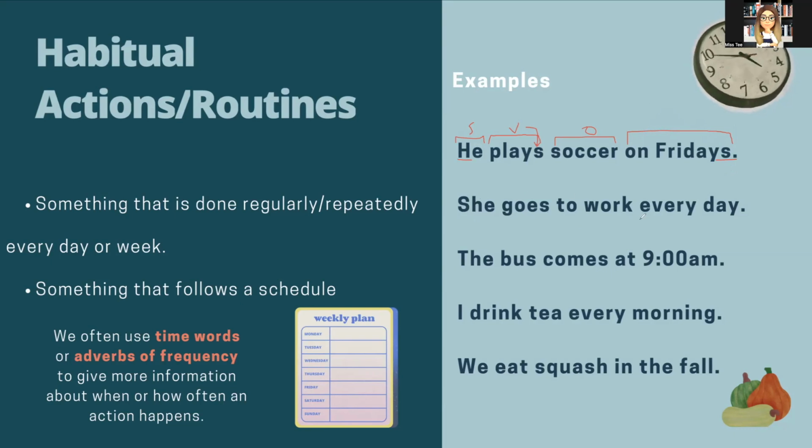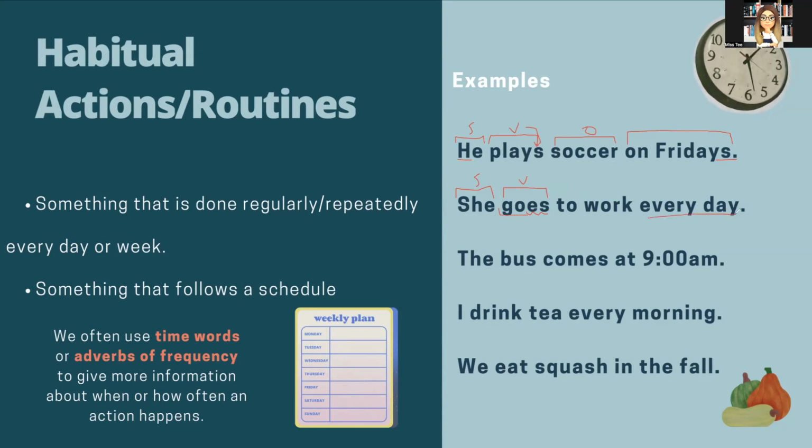She goes to work every day. She is our subject. Our verb goes. Now, not only do we have the S because it's third person singular, but the root word is go. So we have to actually add the ES from the rule that we looked about earlier in the video. To work every day.